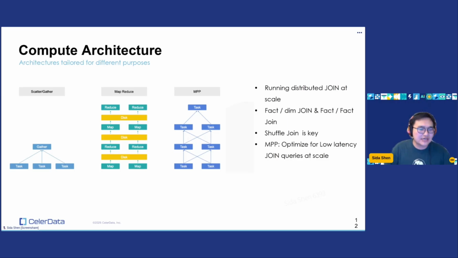First is scatter-gather. It's a very simple architecture, right? But it easily bottlenecks on the gather node. In terms of joins, it's able to run distributed joins, but it's not able to do data shuffling, right? So the only kind of distributed join it can run is a bucketed join. Basically, it's a process of bucketing your data by the same key as the key you're going to join it on, right? And also a broadcast join, right?